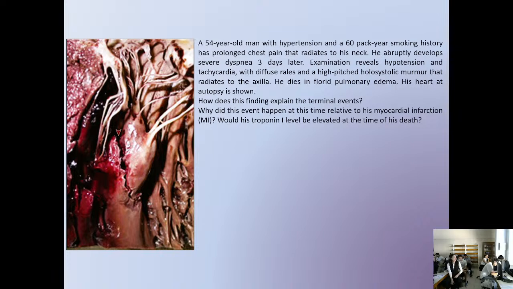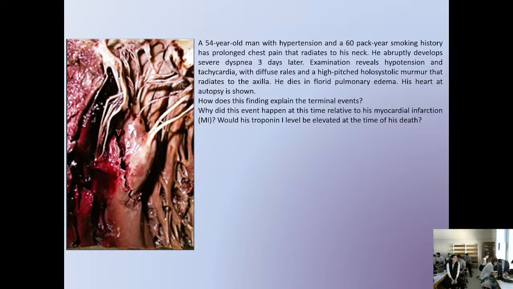Have a look at the papillary muscle joining the myocardium to the valve. It's the rupture of the papillary muscle. So in this case, the mitral valve is incompetent. And what does this lead to?